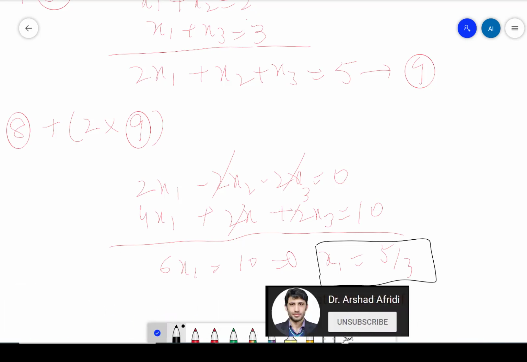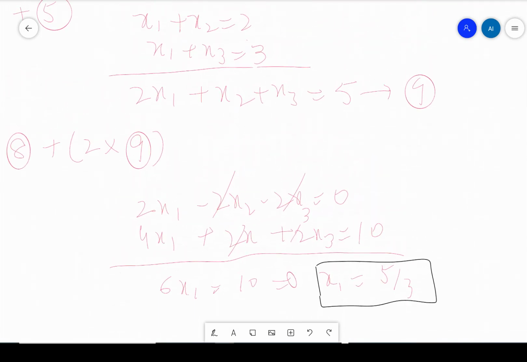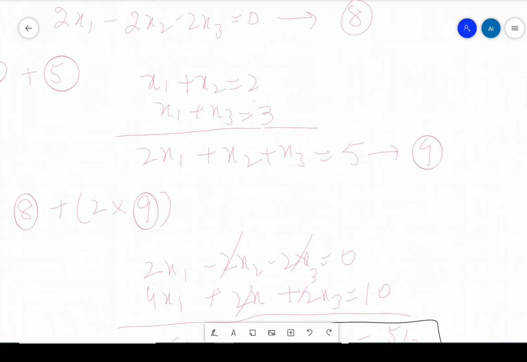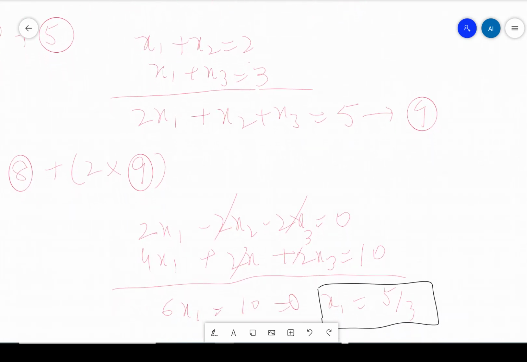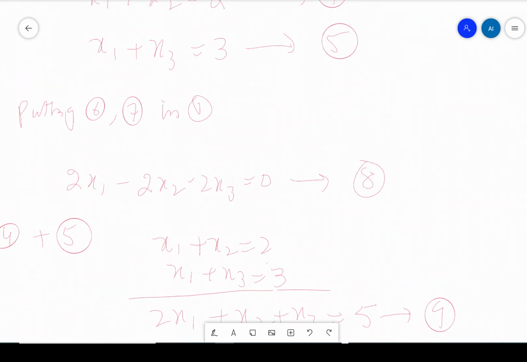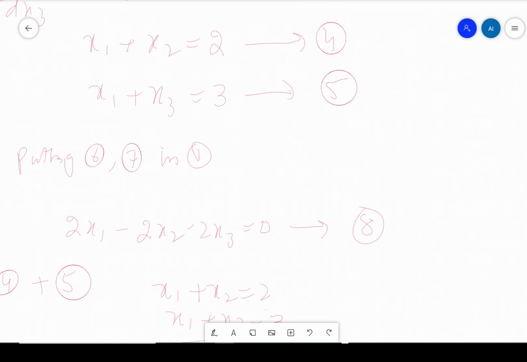Okay, let's put the value of x1 into equation number 4, which will give us the value of x2.